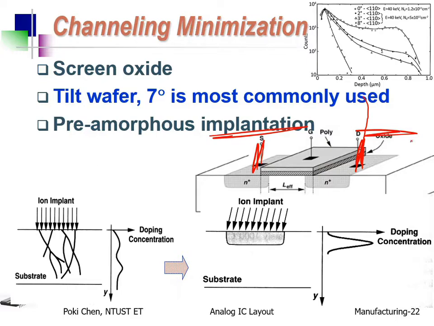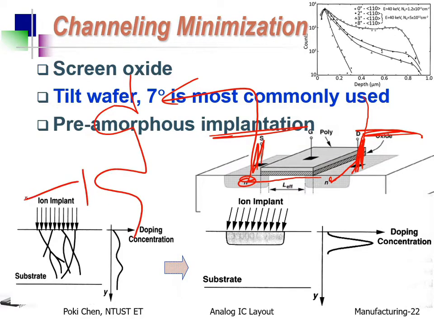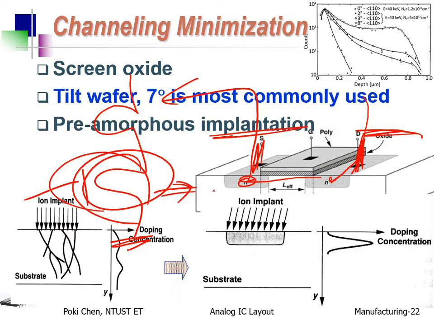So the current will flow from drain, then inside the drain region, right? Then penetrate through the channel to the source, then to the other side. That's for any kind of, for example, this is the MOS. Okay, this MOS is here, right?